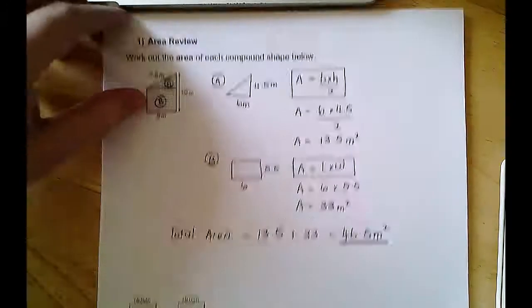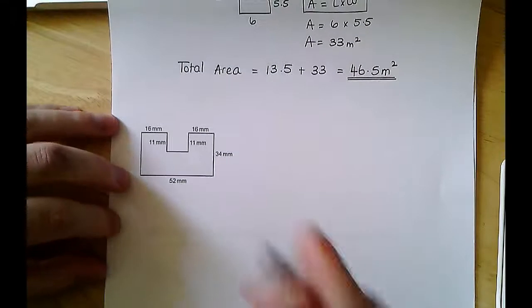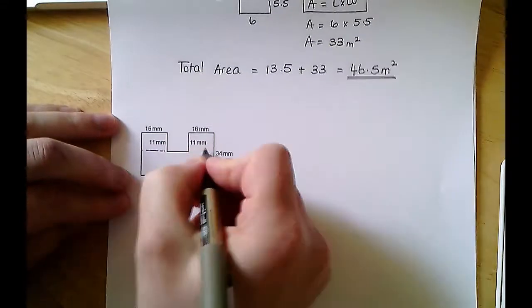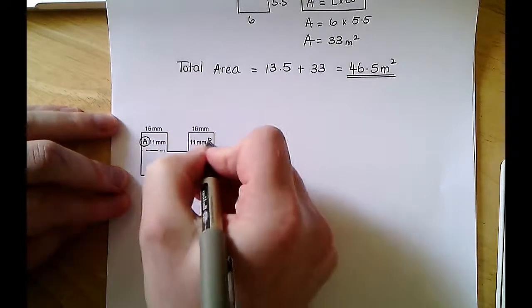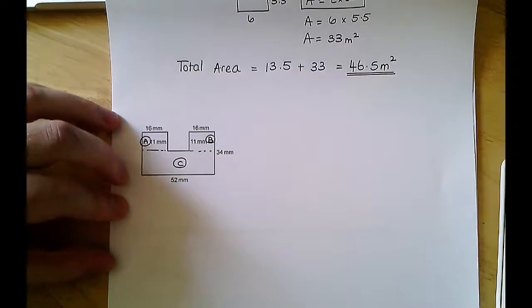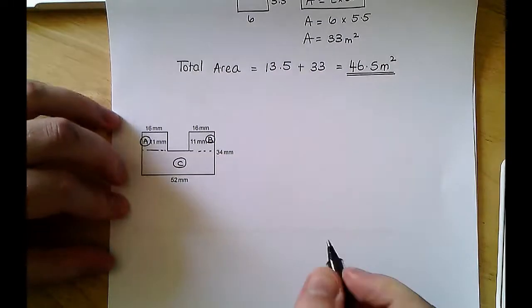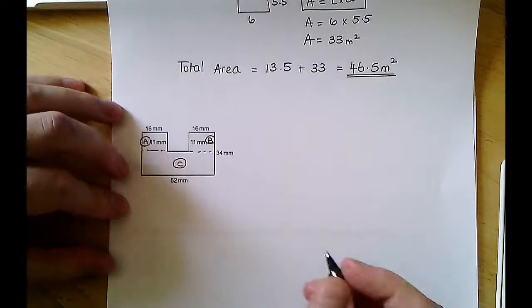For the second part, this part here, we're going to actually split this into 3 shapes. So I'm going to call that A, that B, and that C. Now you could split this up differently. When you add your areas together, you should get the same answer. So this isn't the only way to do it.